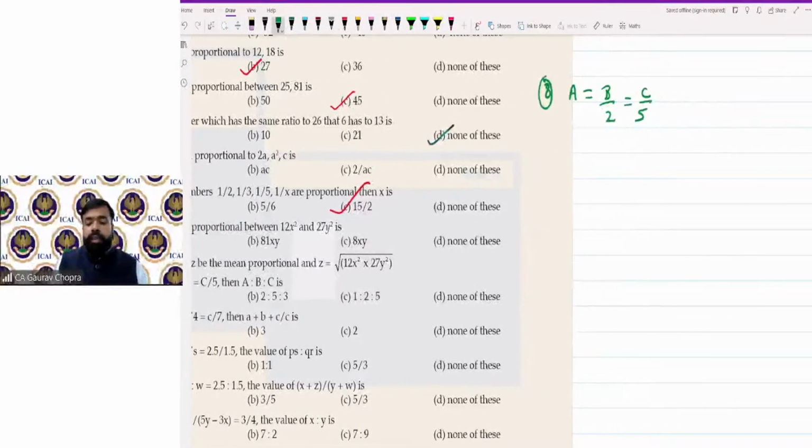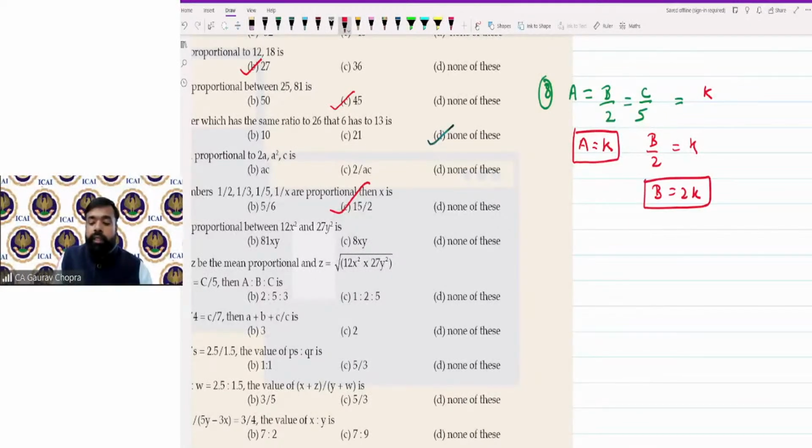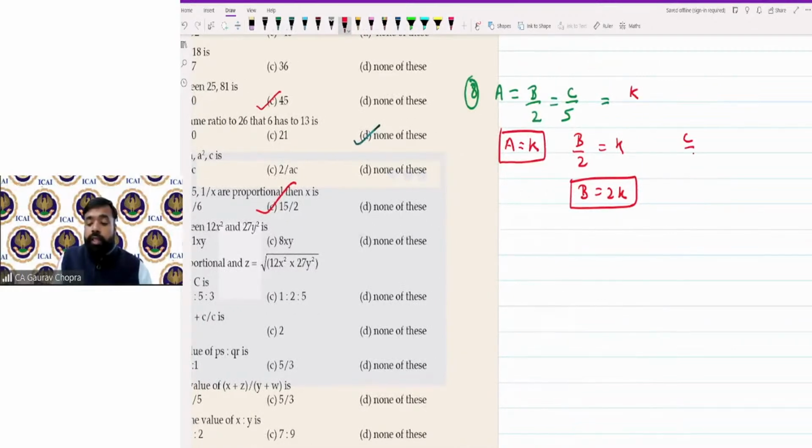So let them equal to a number which is K. हमने क्या assume किया, ये तीनों जो वैल्यूज है ये एक कांस्टेंट के इक्वल है विच इज के. अब वन बाय वन सबको के से कंपेयर करना है. सो कंपेयर ए विद के, तो वैल्यू ऑफ ए इज इक्वल टू के. सेकंड, b by 2 equal to k, so b is equal to 2k. Then c by 5 is equal to k, so c is equal to 5k.